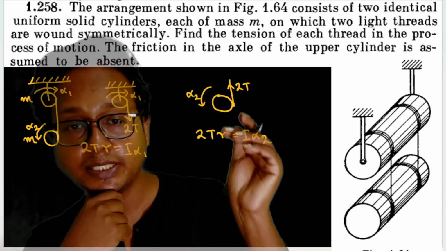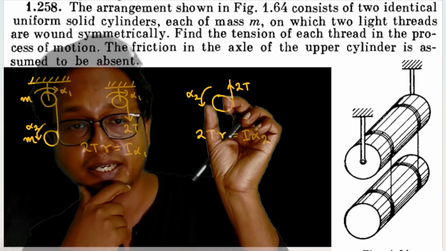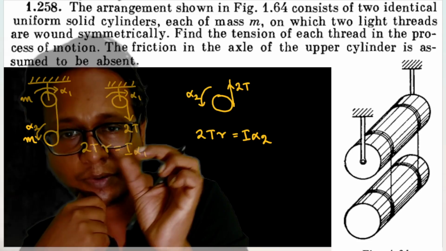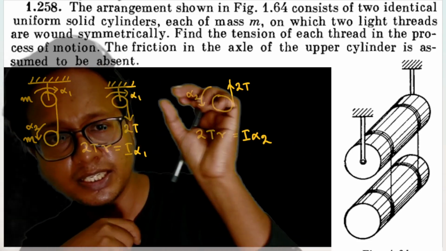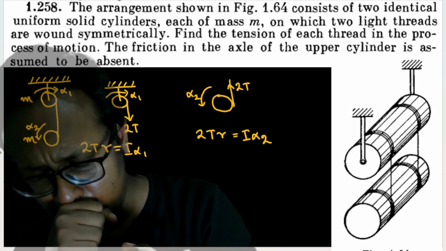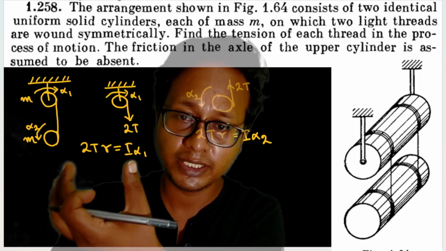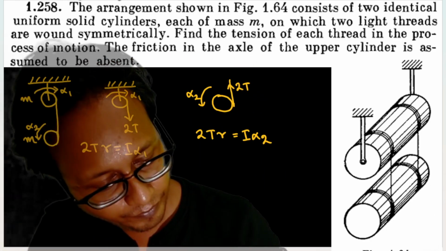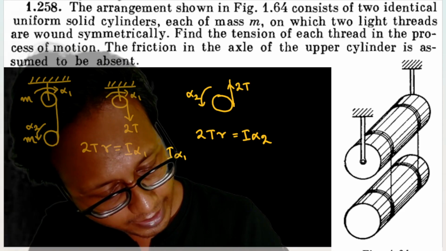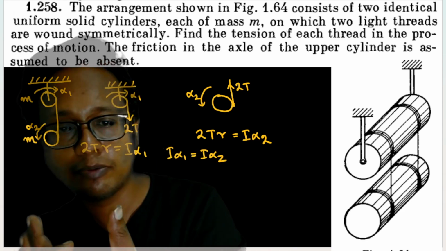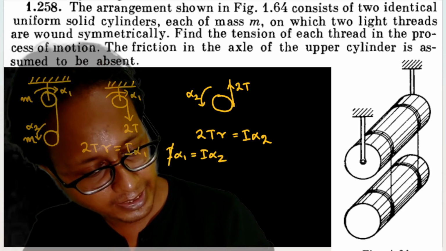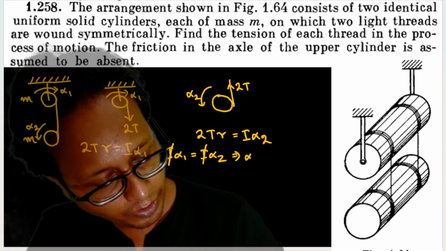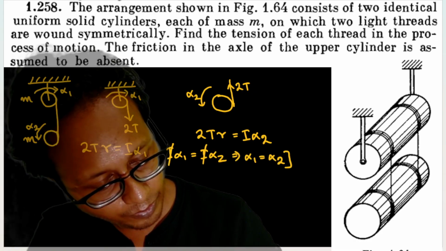Since the mass of both the cylinders is the same and the radius of both the cylinders is the same, can I say I1 is equal to I2, or the moment of inertia of this cylinder is equal to the moment of inertia of this cylinder? From this equation and this equation, can you see that I alpha 1 is equal to I alpha 2? So I can easily say alpha 1 is equal to alpha 2.